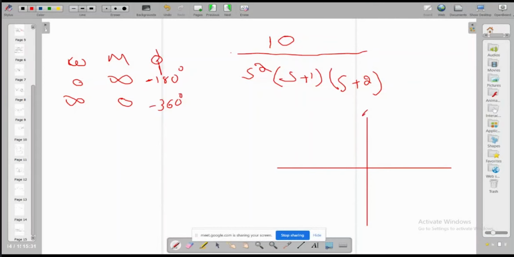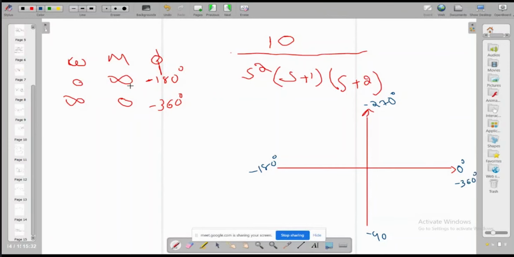Okay, let's try it. So it will start at omega equals to 0. The magnitude is infinity with phase minus 180 degrees. Suppose I'm writing this will be 0, this will be minus 90, this will be minus 180 degree, this is minus 270 and this will be minus 360.